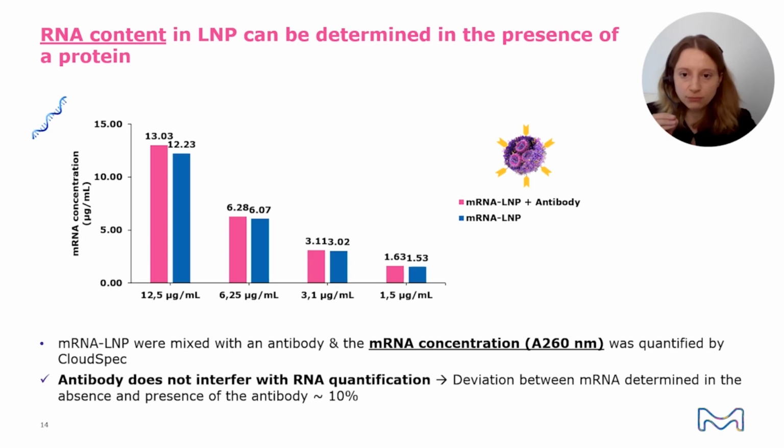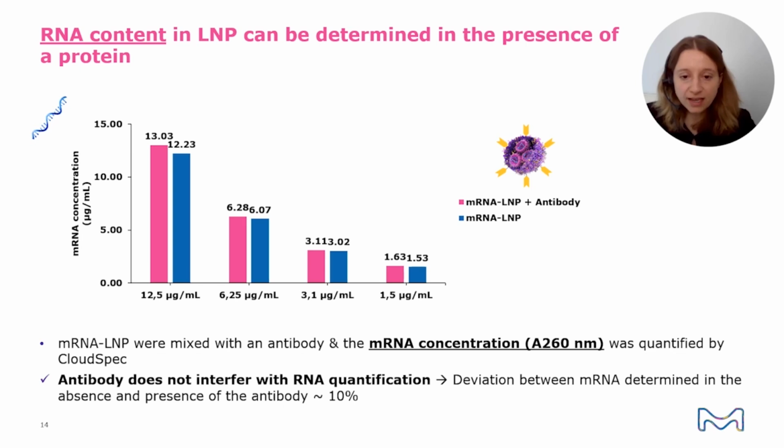So we started off by doing the first set of experiments, and in these experiments we basically took the LNP formulation and then we added antibody within that formulation. We then quantified at 260 nanometer the RNA content, and we compared, here shown in blue, the RNA content of the pure LNP, and shown in pink the RNA content of the LNPs in the presence of the antibody.